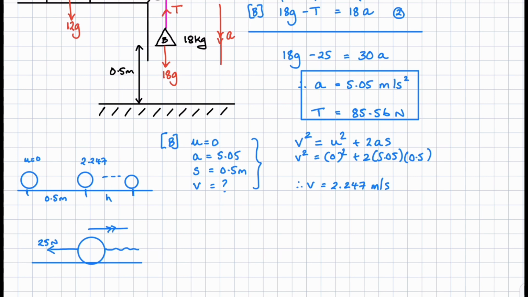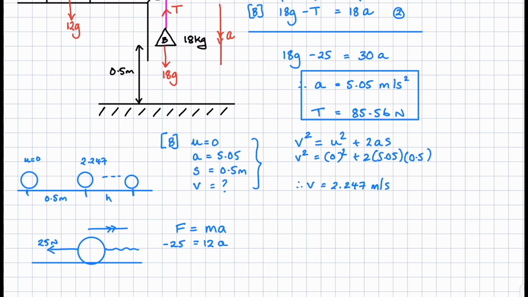To calculate that deceleration, we can use Newton's second law, and we can say the resultant force F will now be given by minus 25 newtons. Remember, there is no force going towards the right since there's no more tension in the string, so that's 0 newtons, and we've got a constant resistance force of 25 newtons, so the overall resultant force acting towards the right would be minus 25 newtons, and that's going to be equal to the mass of particle A multiplied by the acceleration.